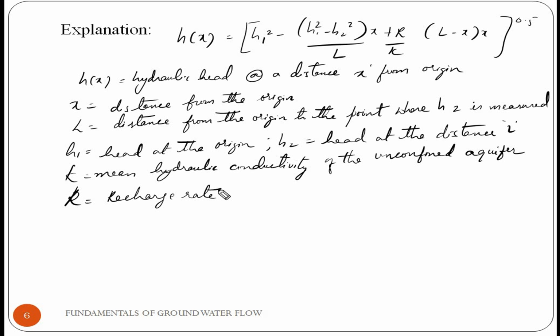So this equation can be used to find the height of the water table anywhere between 2 points located L distance apart, if the saturated thickness of the unconfined aquifer is known at the two endpoints, that is h1 and h2 are known.